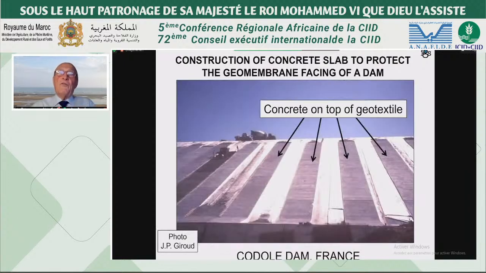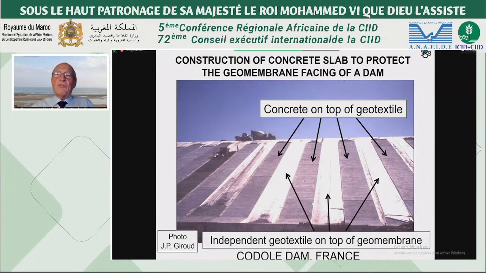Here are a few photos from a large dam lined with a geomembrane. We see here concrete placed on top of a geotextile. It is constructed in alternate panels with joints, so we can see the geotextile at this phase.